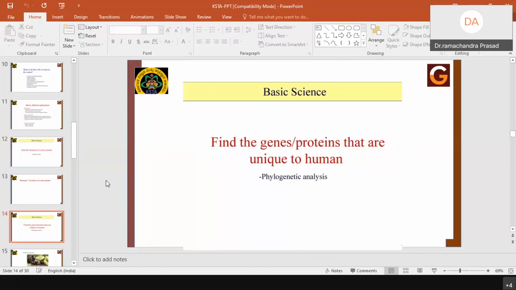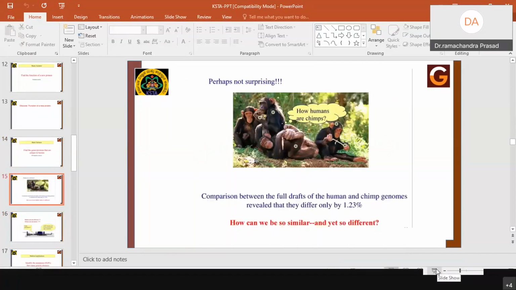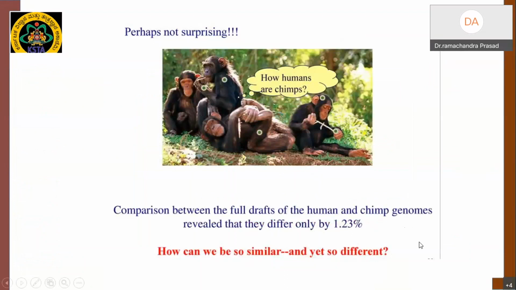This is very surprising for us. Comparison between the full drafts of the human and chimp genomes revealed that they differ by only 1.23%. When we look at the genomes, there is a very small percentage of difference from one genome to another.